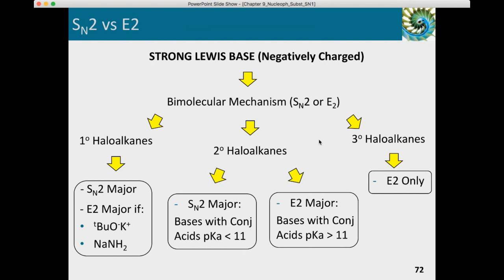Now, if you know this and you know the features of each mechanism, you will be able to predict not only the product, but also the right stereochemistry and the proper regioselectivity for each one of these reactions.